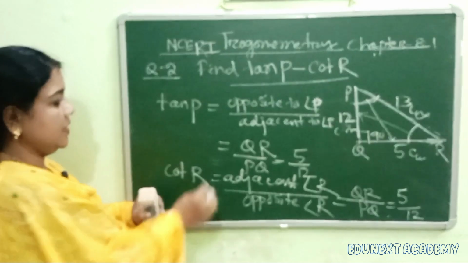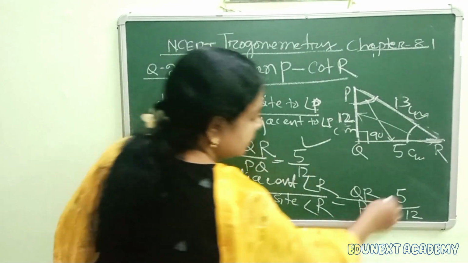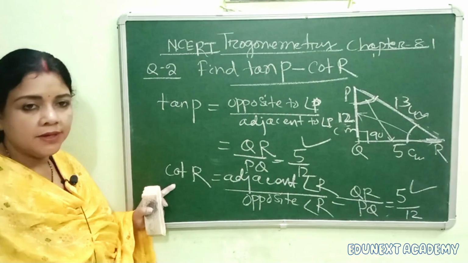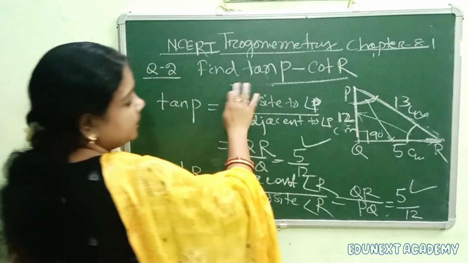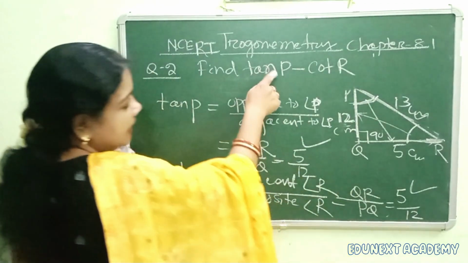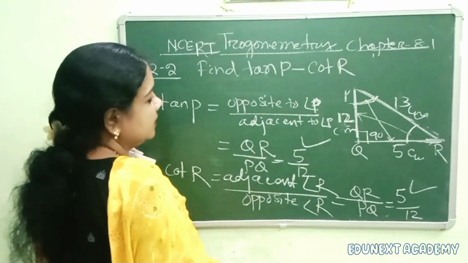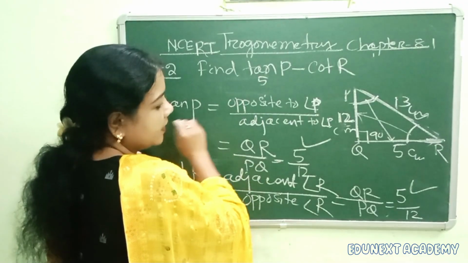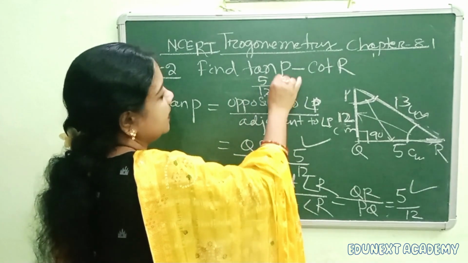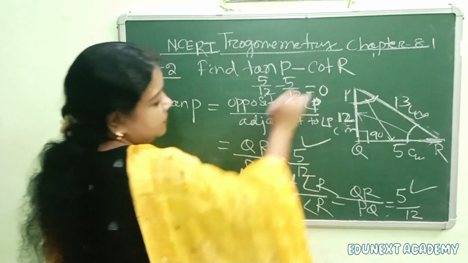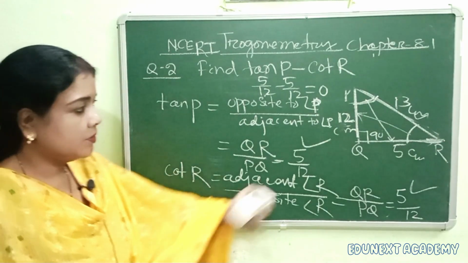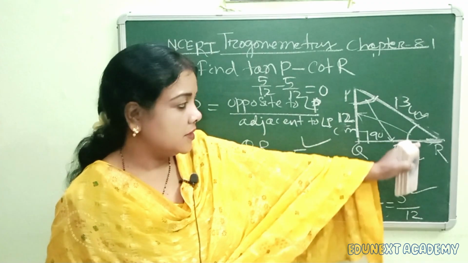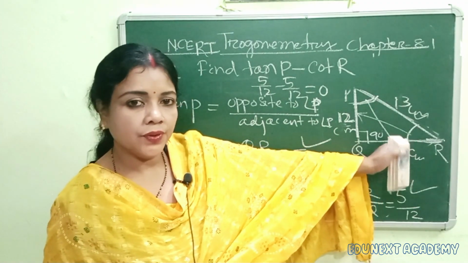Now you see I have got this 5 by 12 and I have got another 5 by 12, and I have to subtract them. That means tan P minus cot R. Tan P is 5 by 12 minus 5 by 12, that is 0. Tan P and cot R are calculated from the angle. You have to see which angle is given.